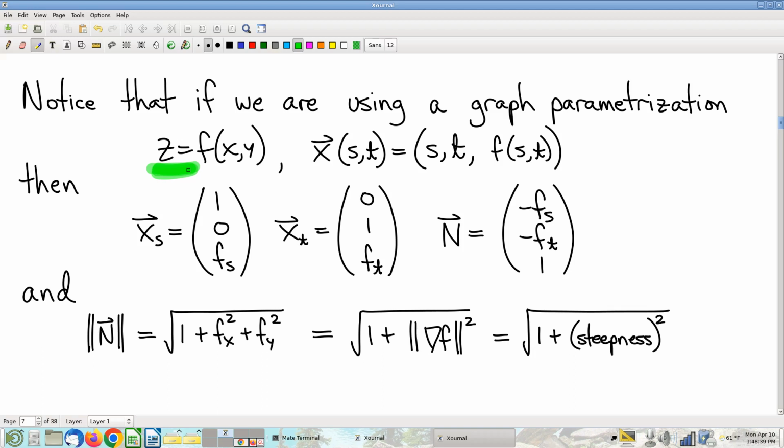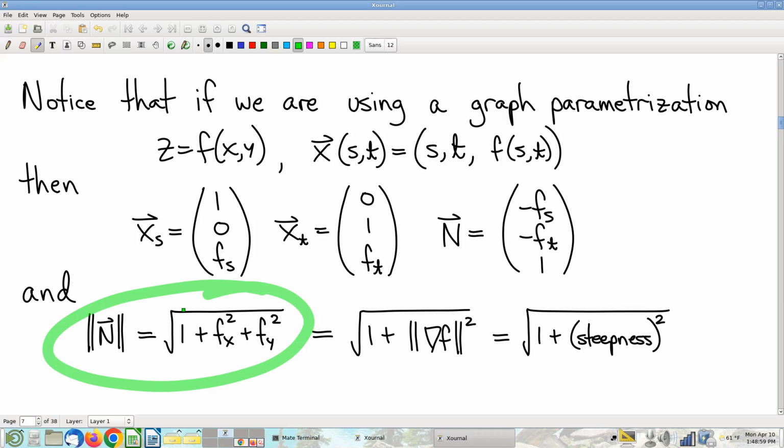That means your parameterization will always be of this form, which means that your partial velocities will always be of exactly this form. If you cross them with each other, you will find that your capital N vector is always of this form, which means that your area stretching factor will always be of this form. That's a really nice little fact to remember.